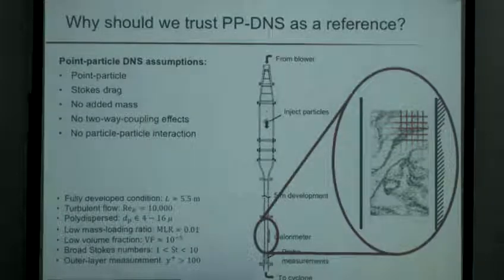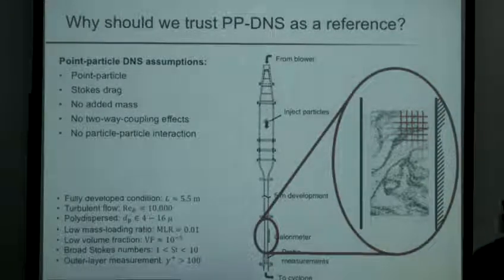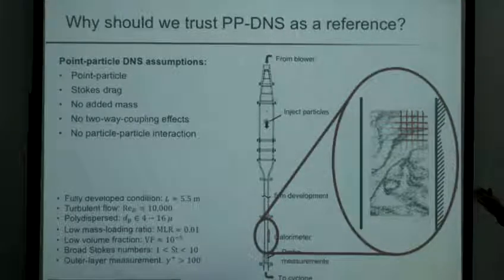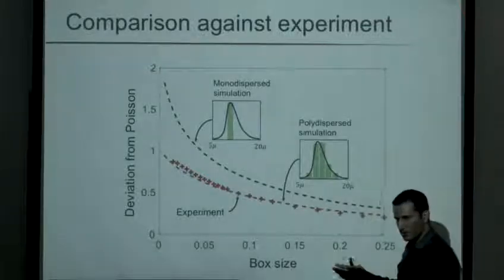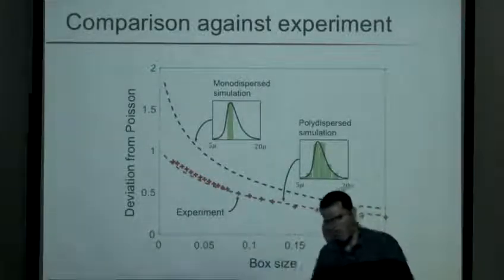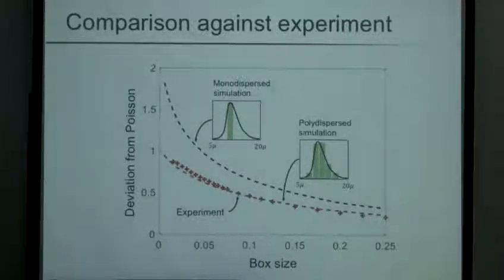Later on, we measured, for example, the variation of number density on a grid, and we made a direct comparison of that to point particle direct numerical simulations. What we observed is that, indeed, in this case, our point particle direct numerical simulations are fairly accurate in capturing this particle clustering, and it wasn't because of a lack of sensitivity per se.